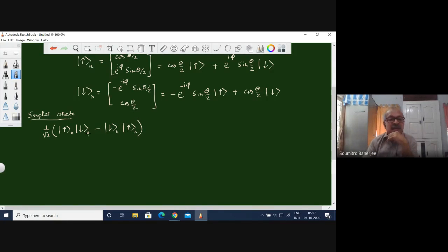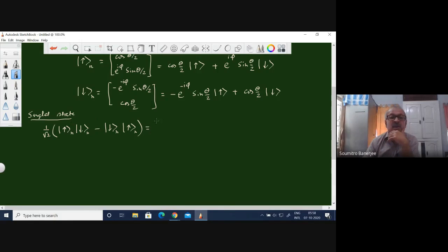It is a singlet state in the n direction, any arbitrary direction n at an angle theta with the z-axis. So now we can substitute these in these positions and simplify. So let's quickly do that.